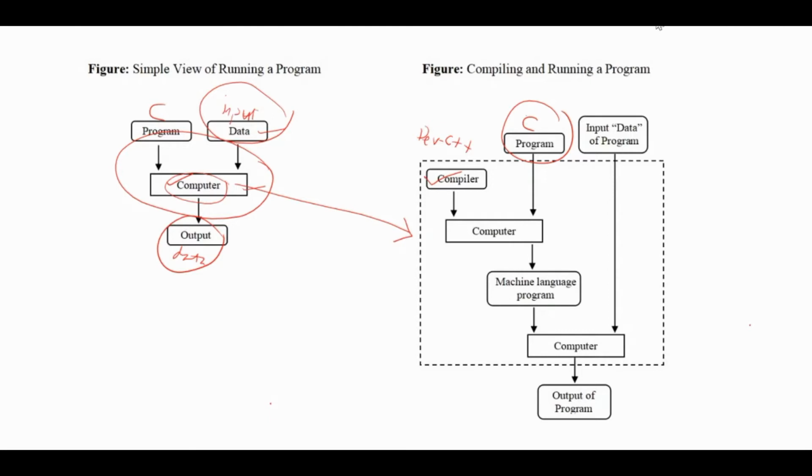Now remember again that the job of the compiler is to translate the high-level programming language source code into low-level object code. And this low-level object code will further be translated or interpreted by the internal system of the computer.